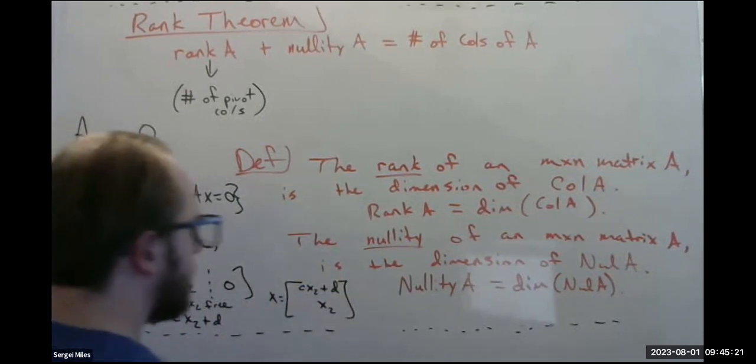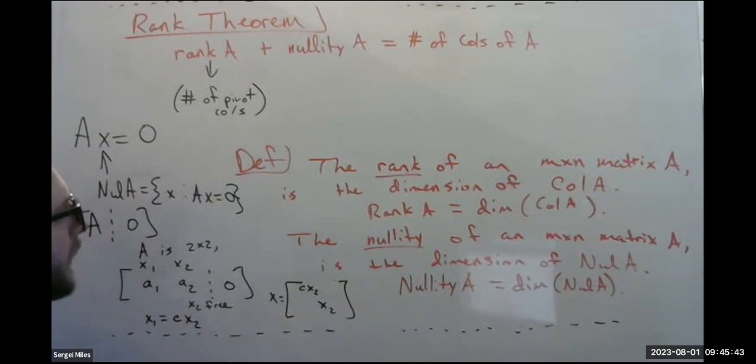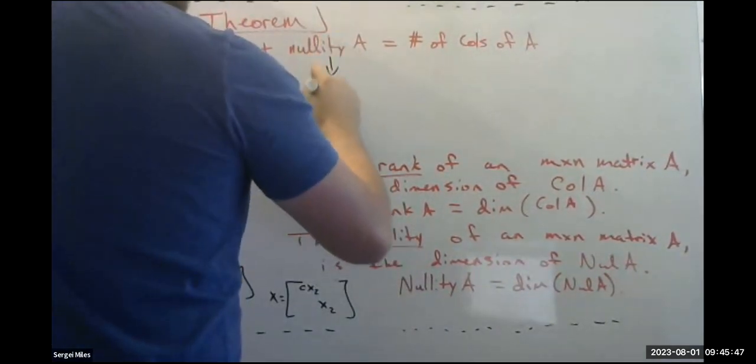When we pull this apart into parametric vector form, the number of free variables is going to tell us how many vectors we have here. There's no constant on this side because it's equal to 0. The number of free variables is telling us how many vectors we're going to have in our span. This is the number of free variables.